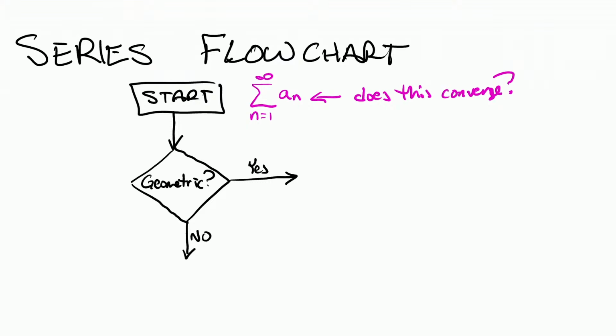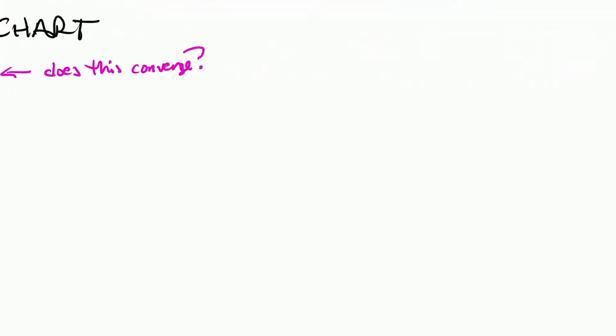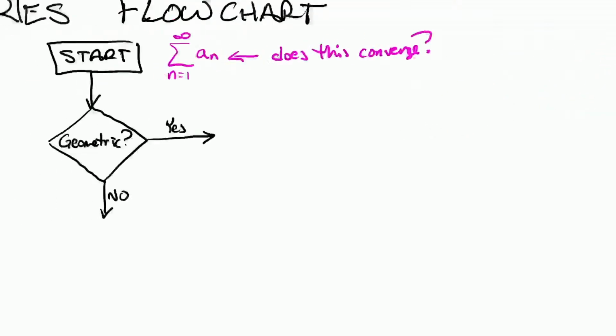So you start and you say, is your series geometric? Here's what you would be looking at if you would say yes. That is a geometric series. So is it a geometric series? So there's either yes or no.